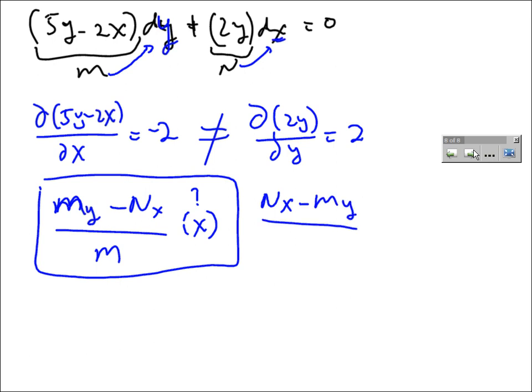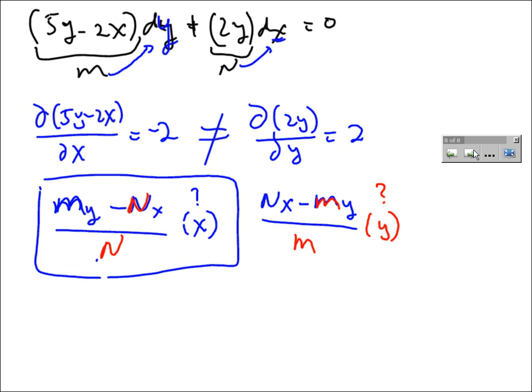Now notice that I do have one typo here. N is second, that's what you divide by. I have M sub y, M is second, I divide by M. And I want to see if I just get a function of y.